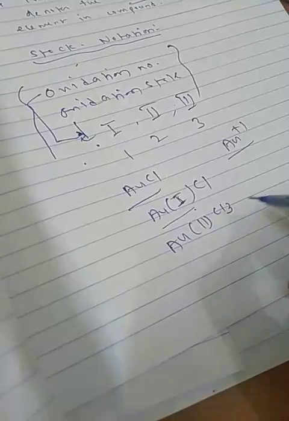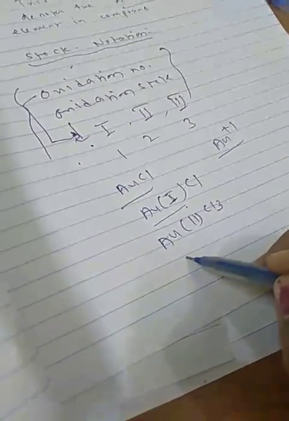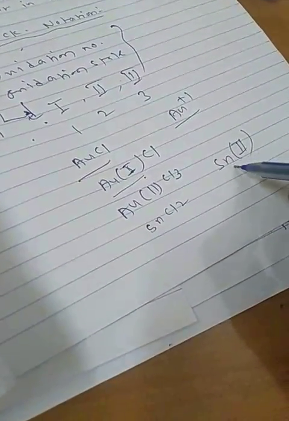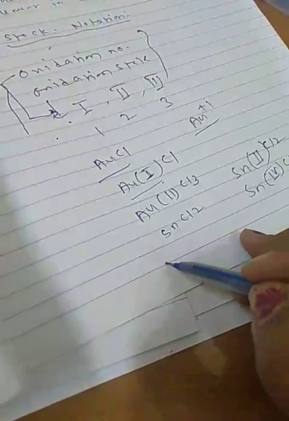And AuCl3. Similarly, stannous chloride, SnCl2. Sn's oxidation number in Stock notation you have to write like Sn(II)Cl2, then Sn(IV)Cl4. This change in oxidation number implies a change in oxidation state.